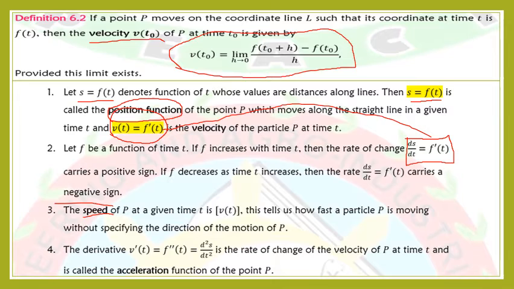The derivative v prime of t is equal to f double prime of t, or d squared s over dt squared, which is the rate of change of the velocity of P at time t, and it is called the acceleration function of the point P. Kung kukunin naman natin is yung acceleration class, ang magiging formula ng acceleration natin is v prime of t is equal to the second derivative of f of t.